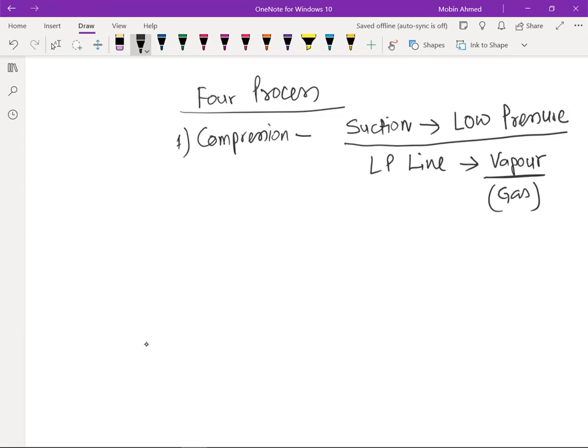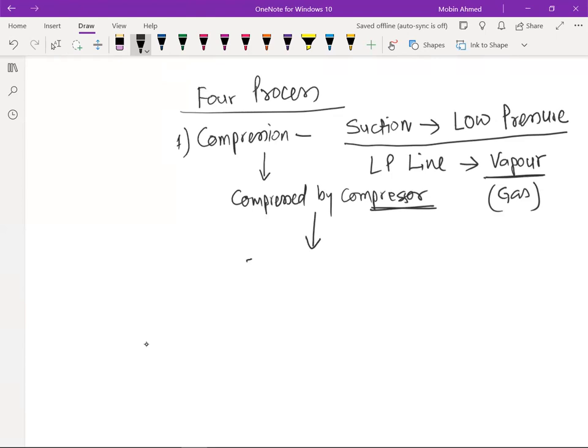Now, when it is compressed by the compressor, after the compression it is going to rise in pressure.